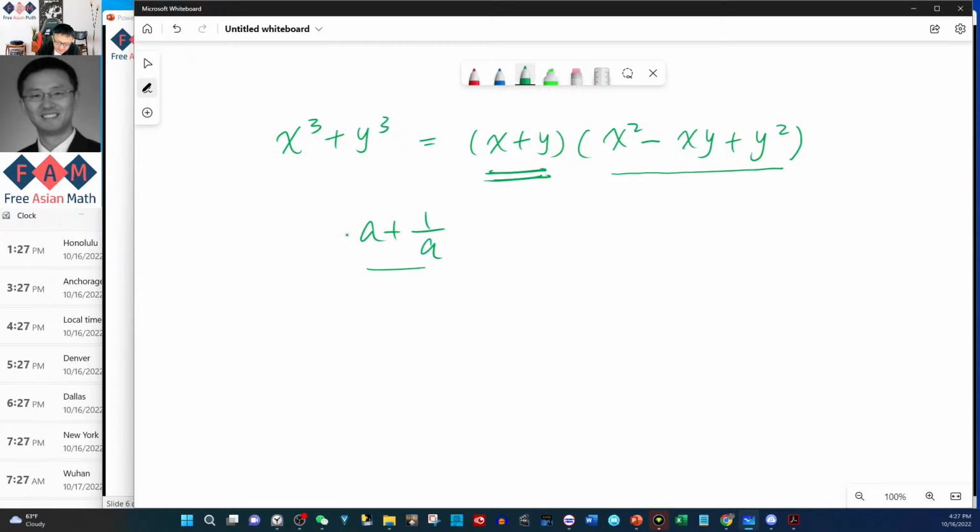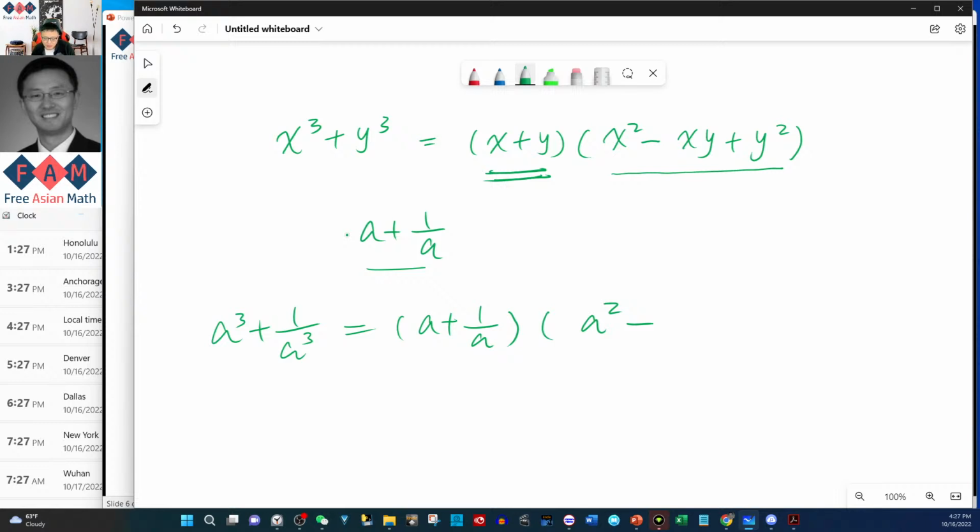We already know this. So a cubed plus 1 over a cubed equals a plus 1 over a times x squared, which is a squared. Now we see what happened.